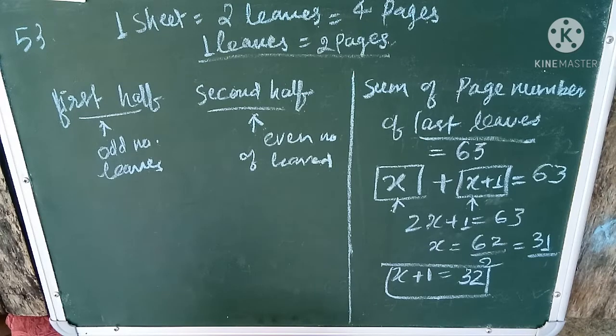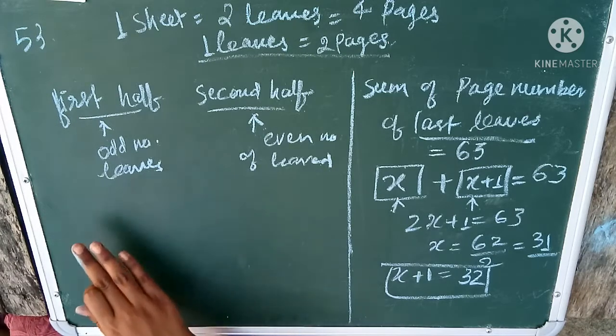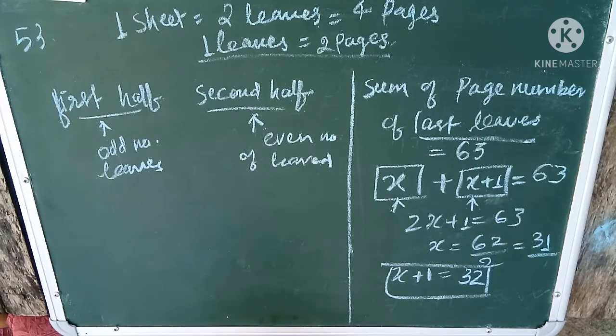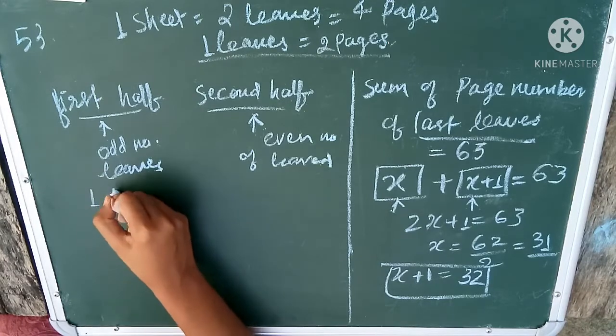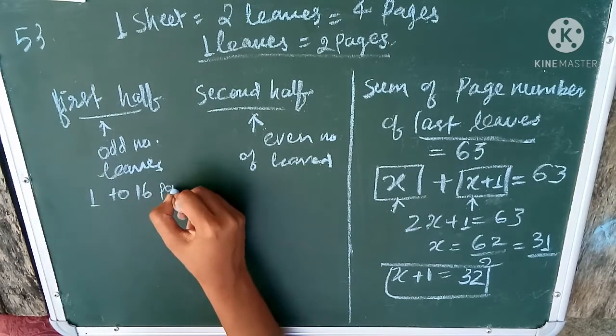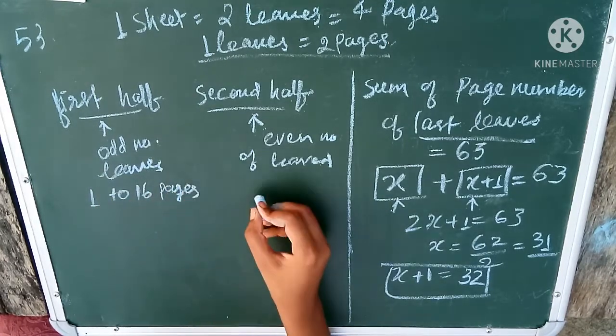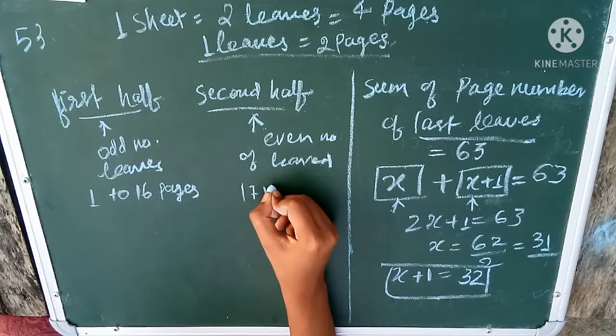We have to find out the maximum possible sum of the numbers on the pages of the leaves that were left in the book. Now we have found the total number of pages, that is 32, and the notebook is divided into 2 equal parts. In the first half we have pages 1 to 16, and in the second half we have pages 17 to 32.